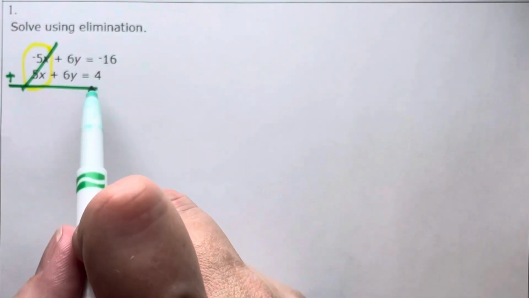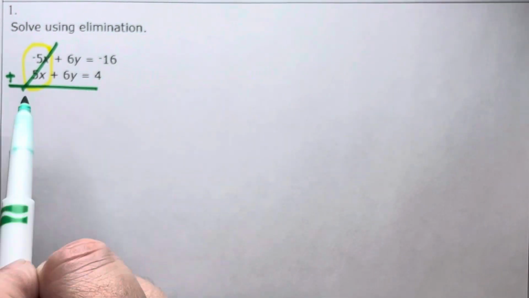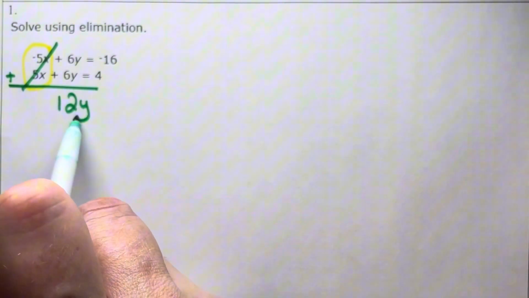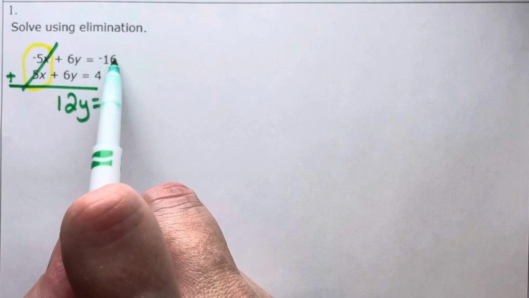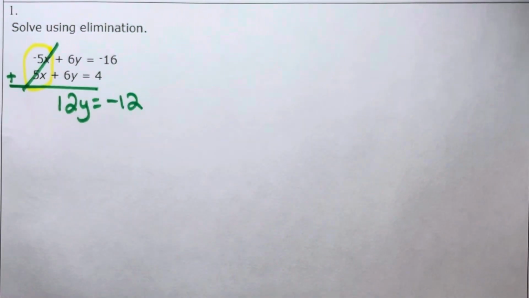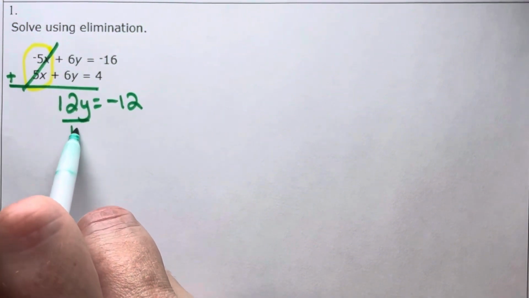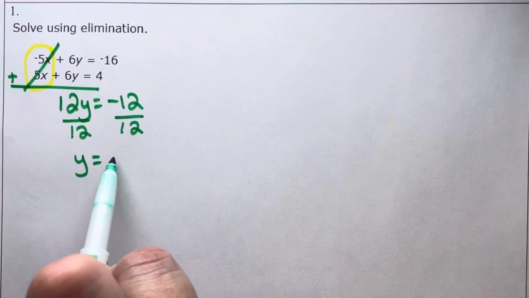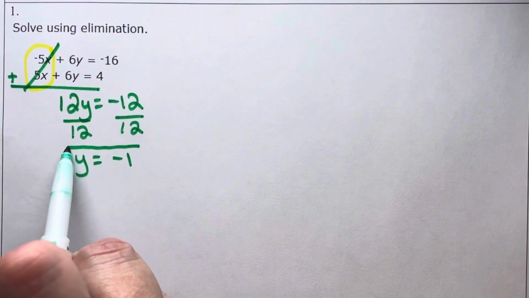And then we add down the other rows with it. 6y plus 6y, well, that makes 12y. Negative 16 plus 4, well, that makes negative 12. And now we can solve. So divide both sides by 12. So y is alone, and y is equal to negative 1.